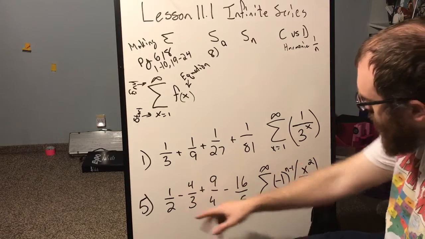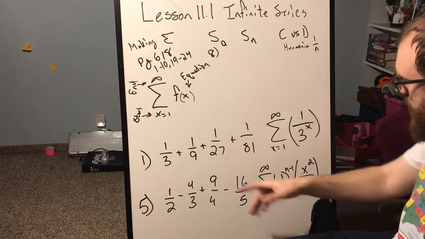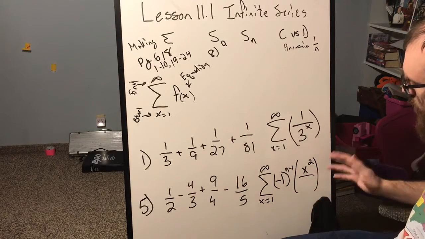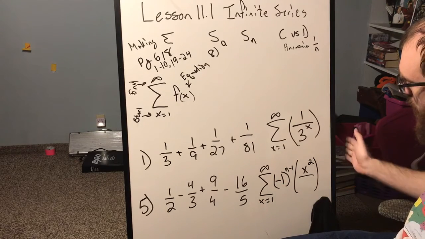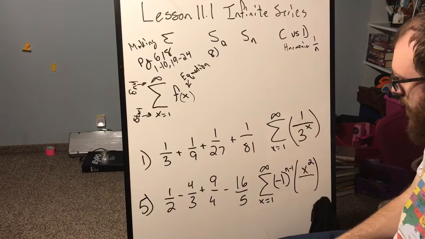So I have 1 squared for my first term, which is 1, and I have 2 squared for my second term, which is 4, and I have 3 squared for my third term, which is 9, and I have 4 squared for my fourth term, which is 16. X squared is the equation that gets me the top values there.